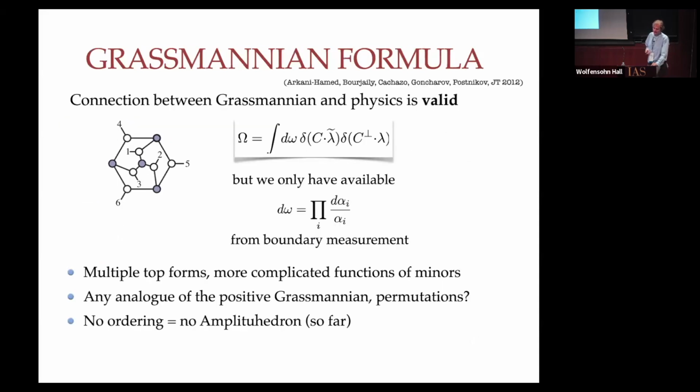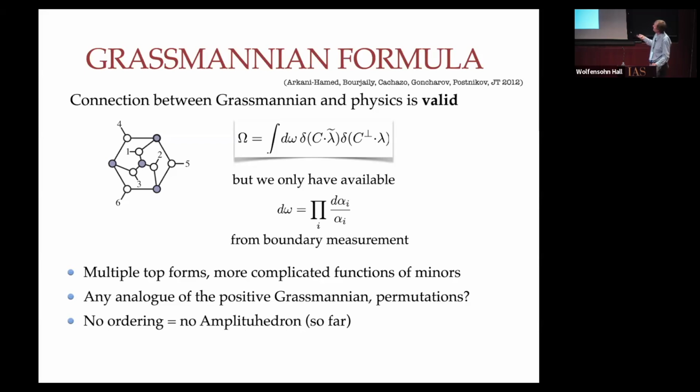Now, the one thing which will be important for our discussion is the form. We will learn a lot from this canonical form, this dlog form, which we can still use. We can still use the same Grassmannian formula, the same dlog form in terms of h variables, the same delta functions, and we get some function of lambda, lambda tilde.